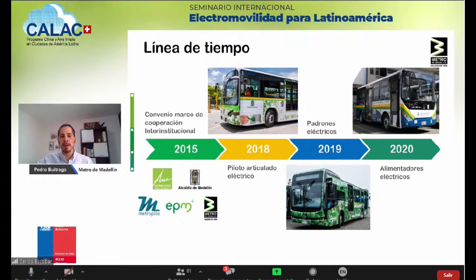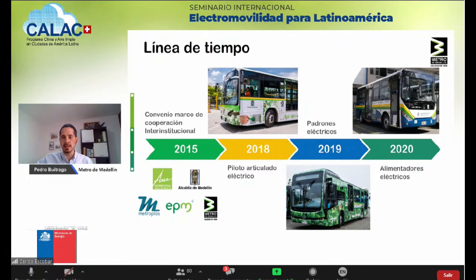First of all, in 2015, we subscribed a framework interinstitutional cooperation agreement with 5 public entities: the metropolitan area of the Valley of Aburrá, the Transport Authority, the Municipality of Medellin, public companies of Medellin, the electrical utility, and Metro Plus and Metro de Medellin as operators of the transport system. As part of the goals of this framework cooperation agreement, we decided to analyze, structure, and promote electromobility projects that will have an impact on the environmental sustainability and the quality of life of the region.